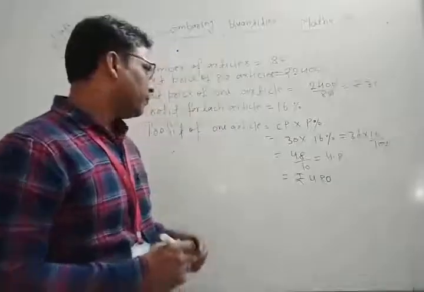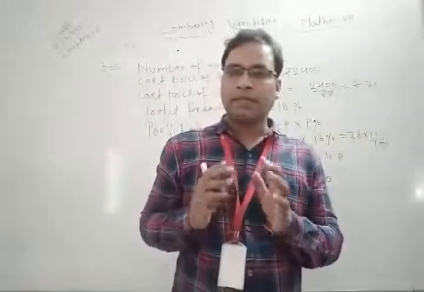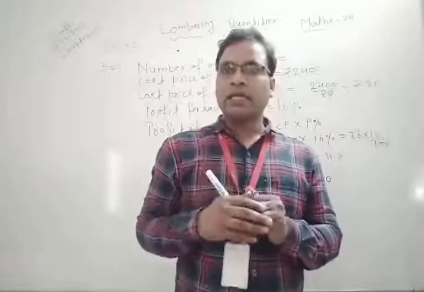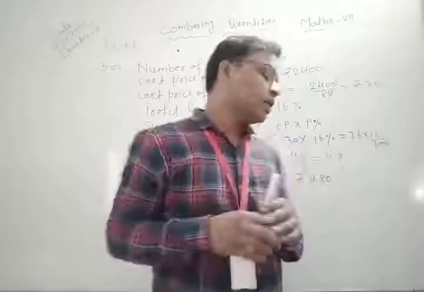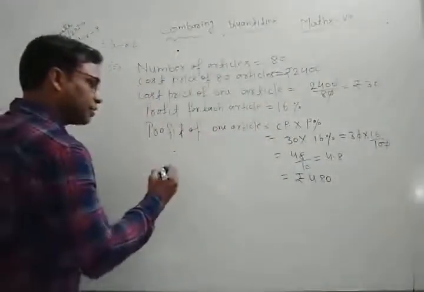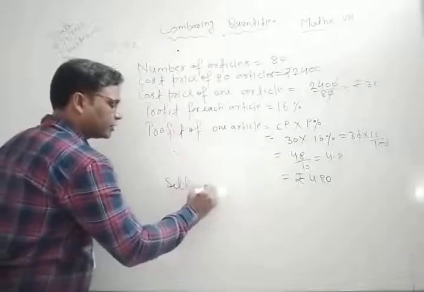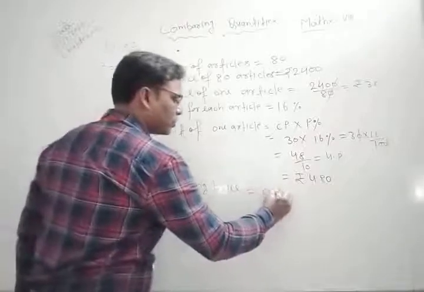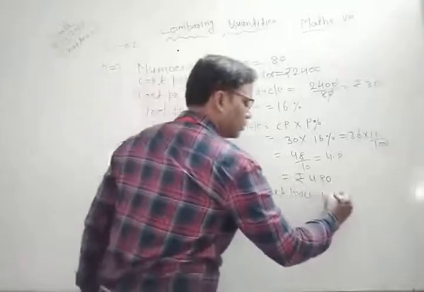Okay, so here we need to find selling price. How can we find selling price? The cost price and the profit are given. So you know very well, selling price is equal to cost price plus profit. Okay, so here we can write selling price is equal to cost price plus profit.